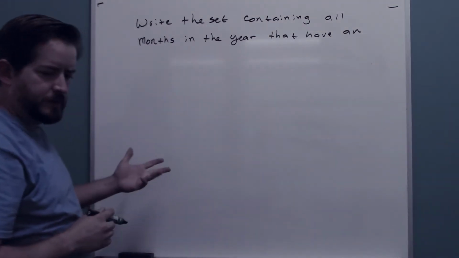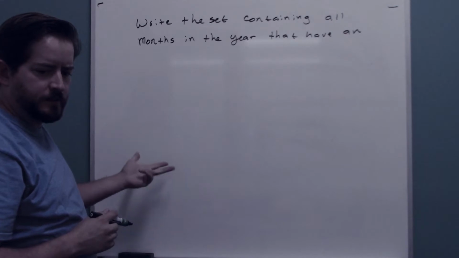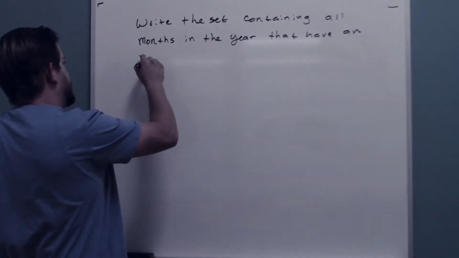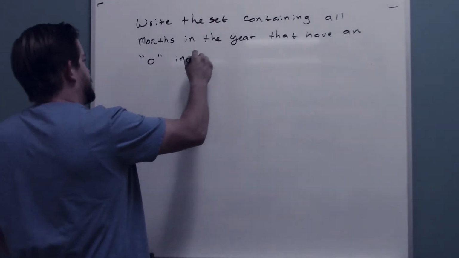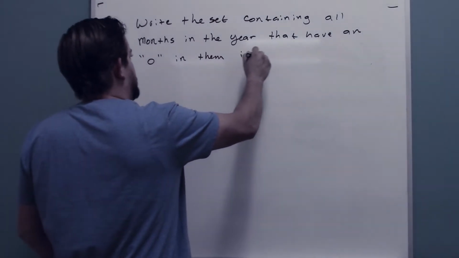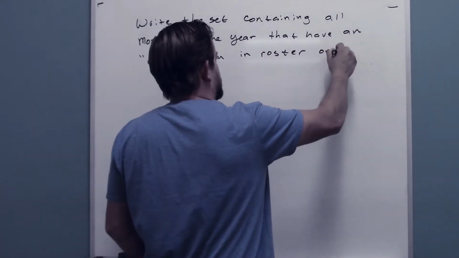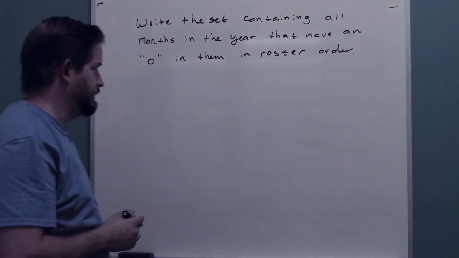January, February, March, April, May, June, July, August, September, October, November. There's 2 of them with an O in them, in roster order, or through the roster method.